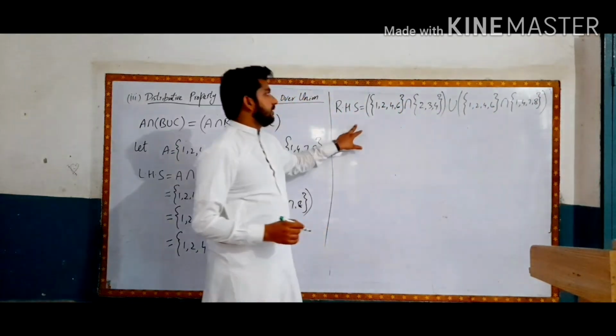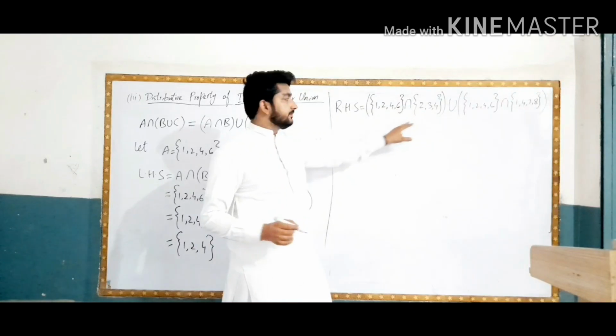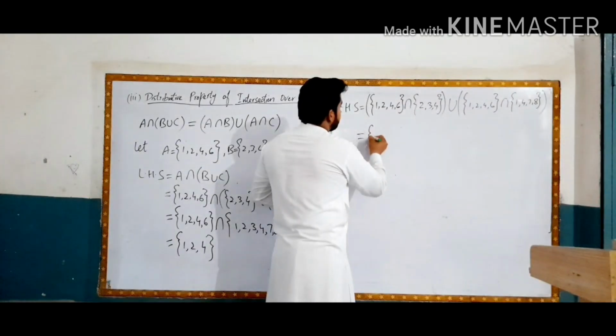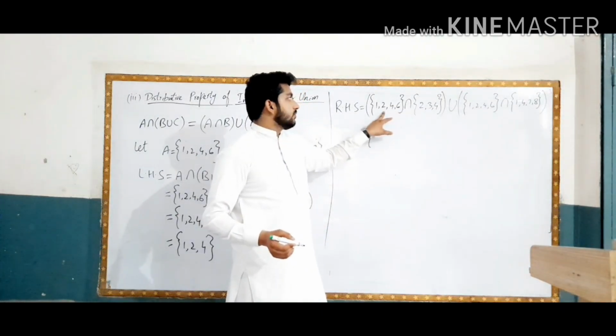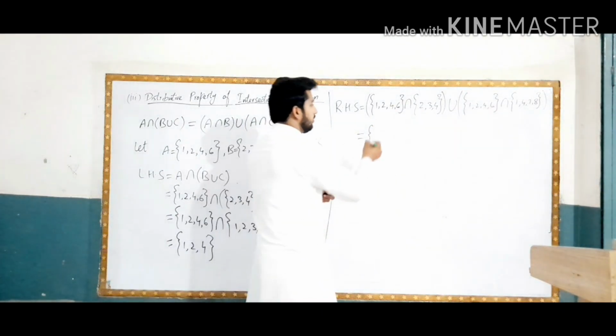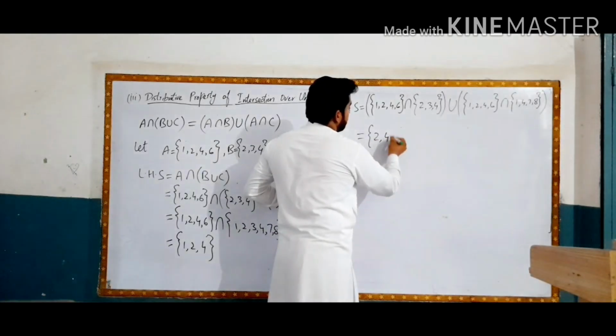Now we have to take the intersection of these sets. So the intersection of these sets is the set which has elements 2, present in both, 4, present in both. So 2 and 4.